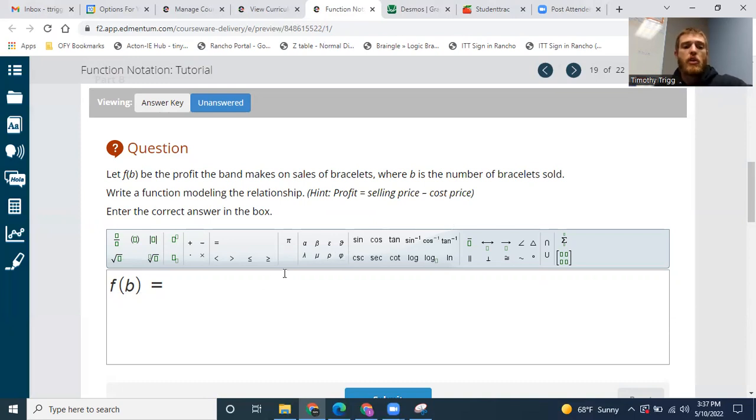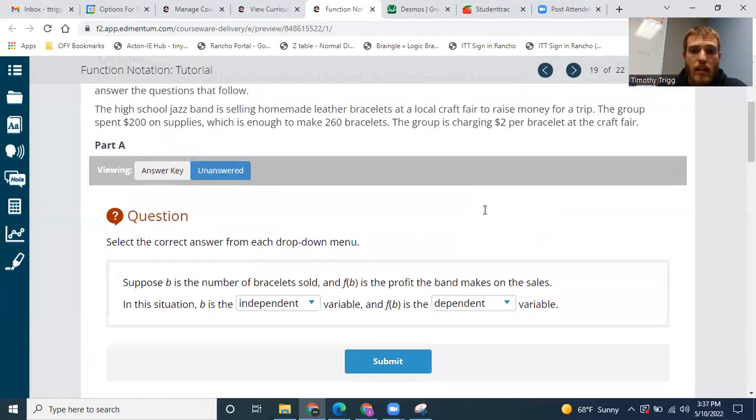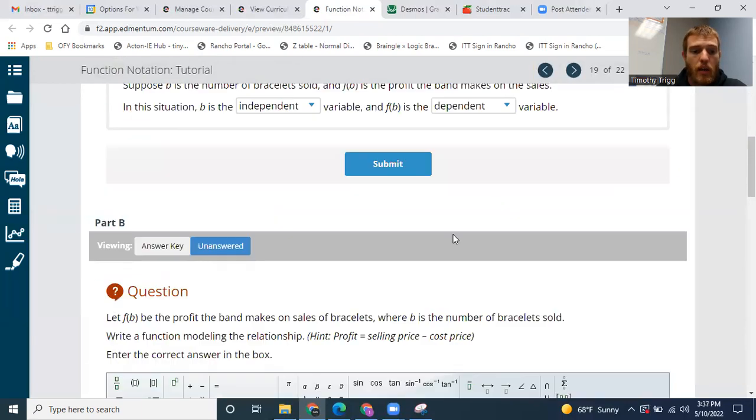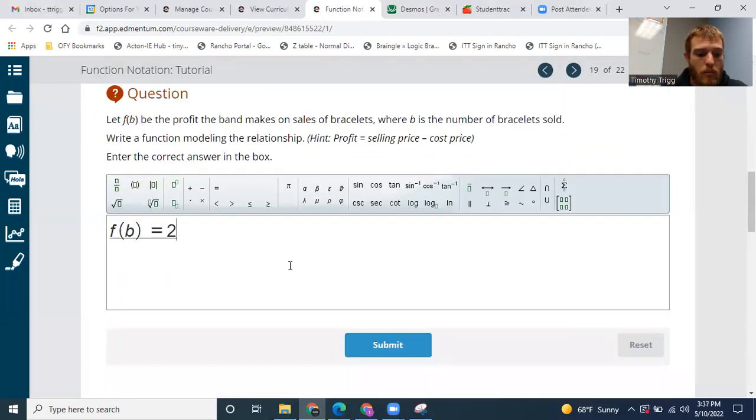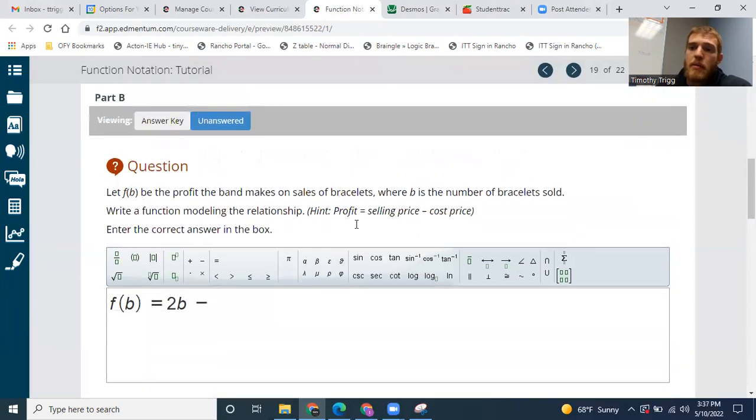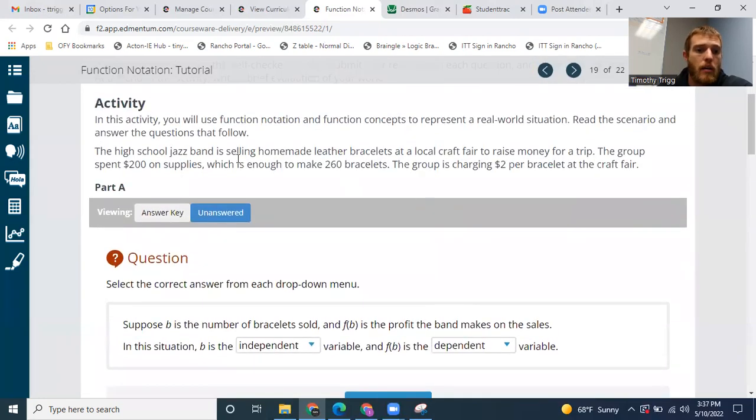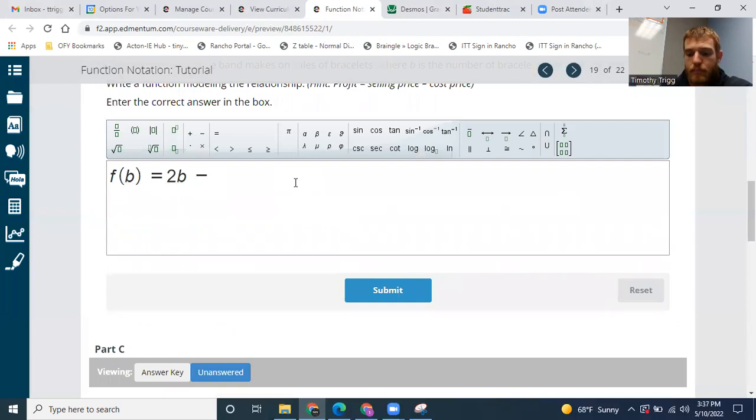So what's our revenue in this case? How much money are they bringing in? Well, they're selling them for $2 per bracelet, but we have to subtract out costs. How much did they spend on their supplies? It says $200. There you go.